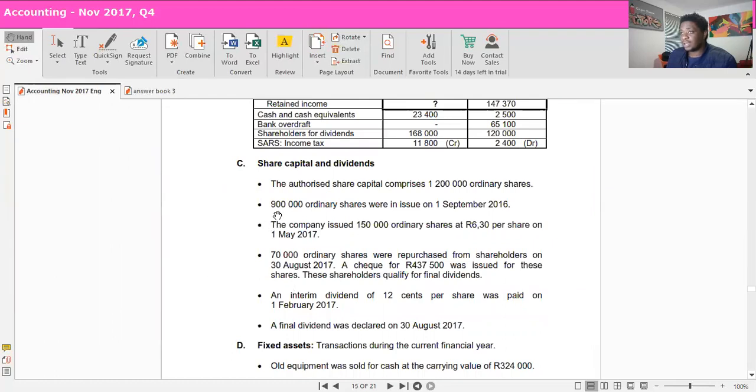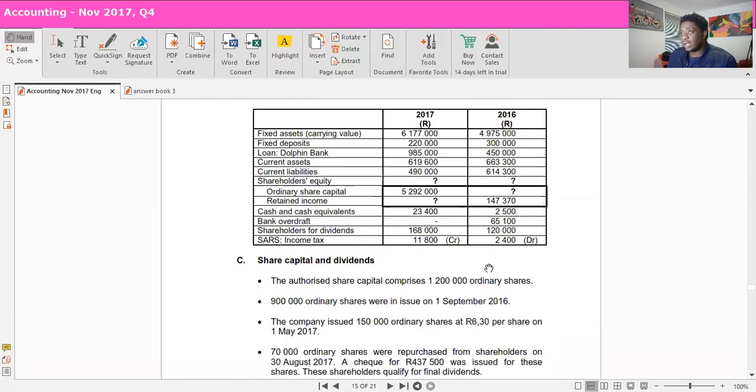Then they say the company had 900,000 ordinary shares in issue on the 1st of September 2016, in other words, at the beginning of the year. Let us look at the amount for that. For ordinary share capital, you can see it was not given at the beginning. You only know that 900,000 shares were issued. So we'll need to find a way to calculate that amount.